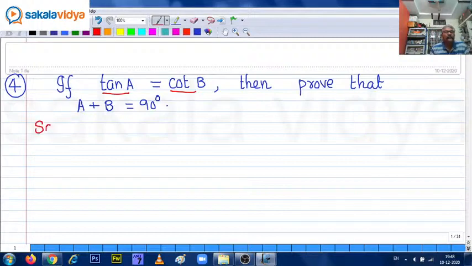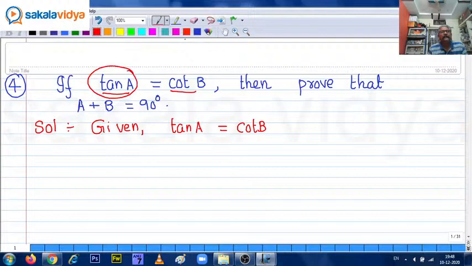Okay, solution. Given tan A equals cot B. Now let us change this tan A. This tan A can be written as cot of (90 degrees minus A).